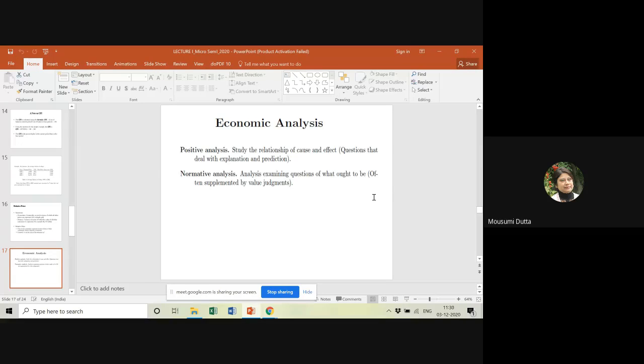Whether there is any positive profit or not, what the situation is, that you are analyzing. This positive part tells us, this is happening.